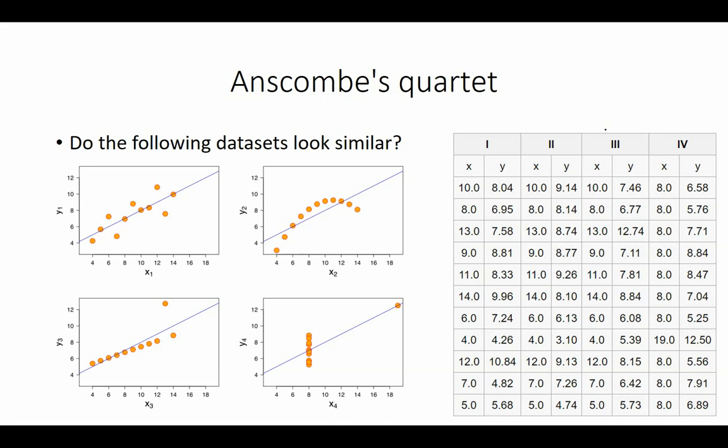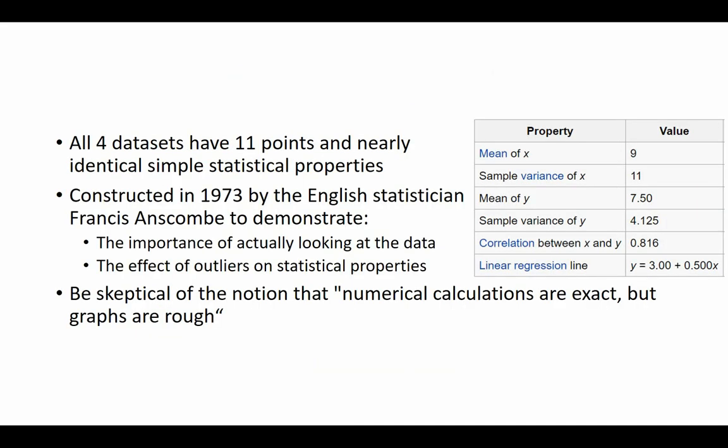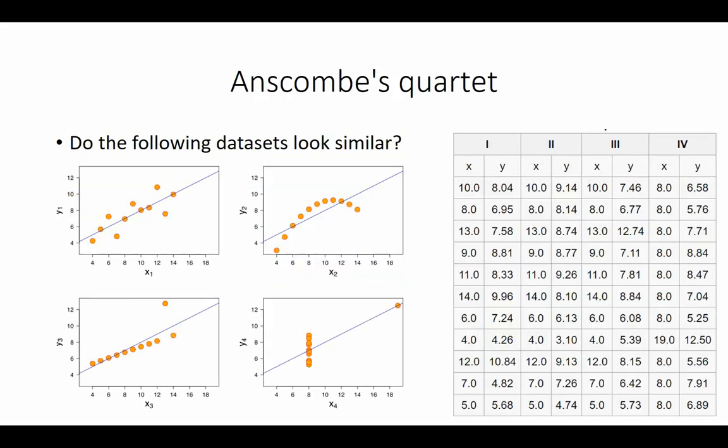You can see that in reality, these four data sets look very, very different, despite the fact that they all have identical statistical properties. They all have the same mean of x, the same variance of x, the same mean of y and variance of y. They have the exact same correlation coefficient and correlation p-value between x and y, and the exact same regression line, as you can see here.